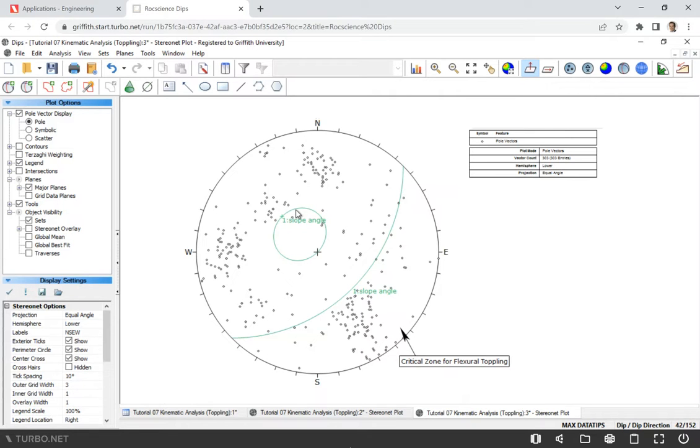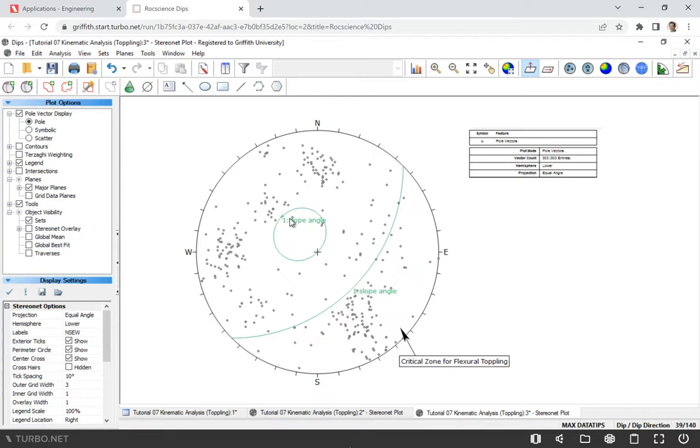Out of so many, only three planes of discontinuities can generate planar failure. So we already see that the risk is pretty small, but we will still continue the analysis.